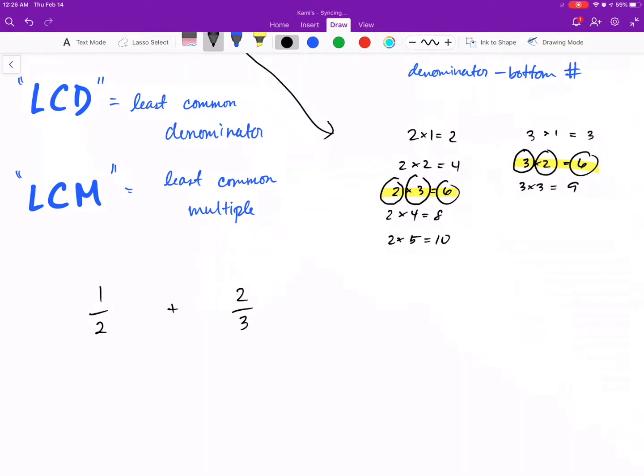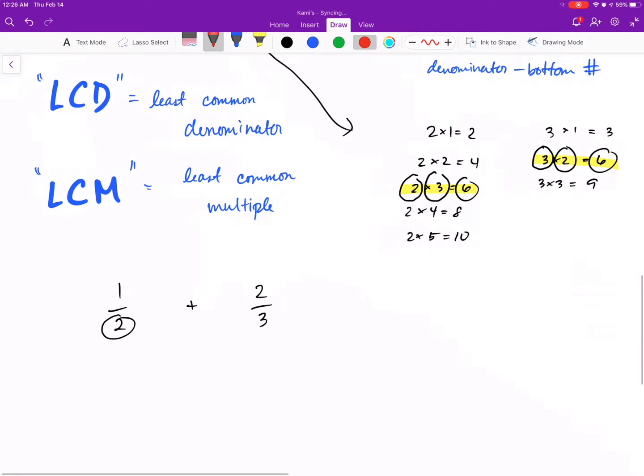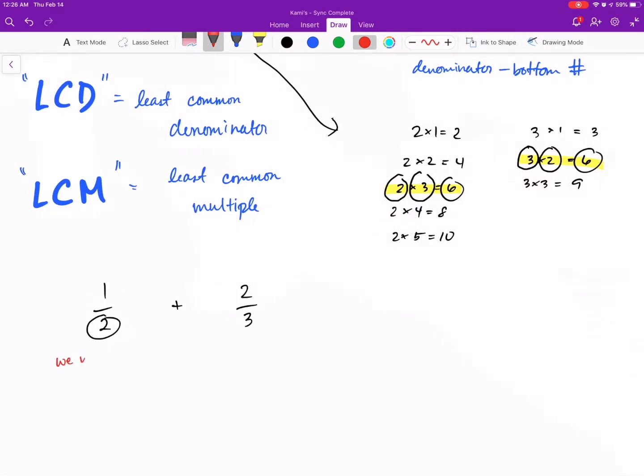Since this is 2, and we want 6, we need to multiply by 3. So we're going to multiply by 3 over 3. I put these parentheses, but they really mean just multiplication.